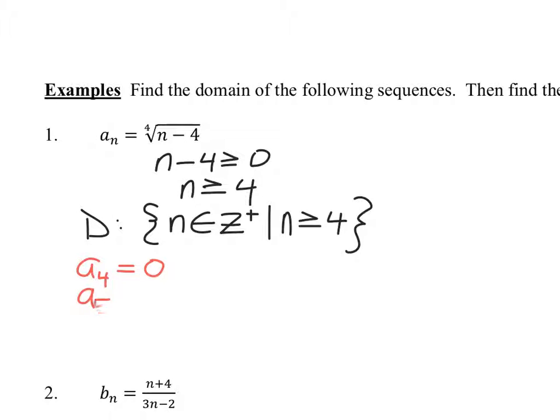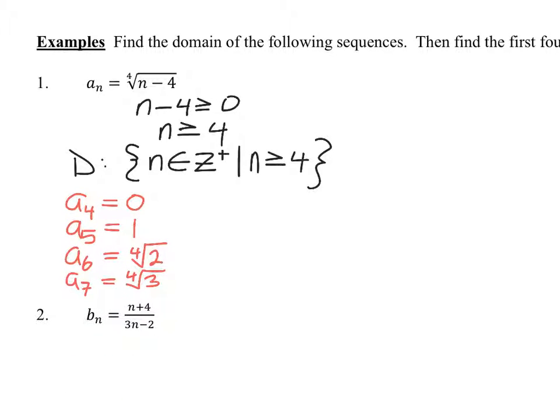Then a sub 5, which gives me a result of 1. A sub 6, which gives me the 4th root of 2. And a sub 7, which gives me the 4th root of 3. So did I actually need to state the domain in order to make that realization? No. But it didn't hurt.